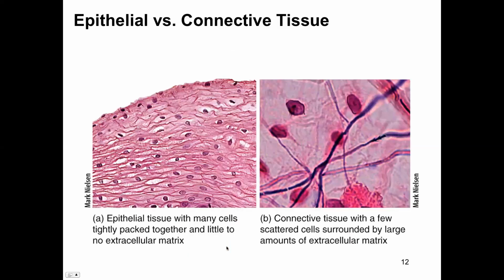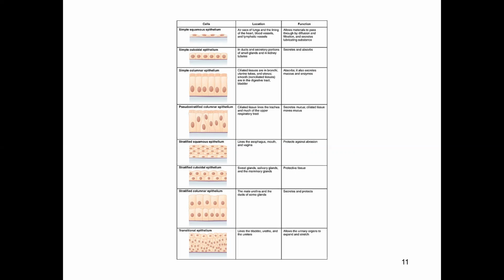I don't have a picture of it here, but if you look in lab, you'll see that there is a slide of bladder. And I suggest you look at it. You'll see what I mean, right? So it does look like, as I said, a hot mess, because you'll see that the cells have all these weird shapes, and there's all kinds of different layers. So it doesn't really look like any of the other ones, okay?